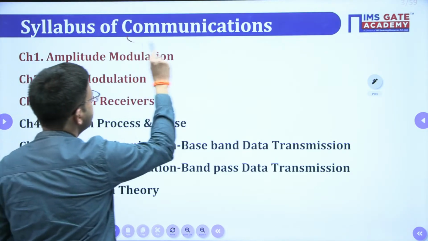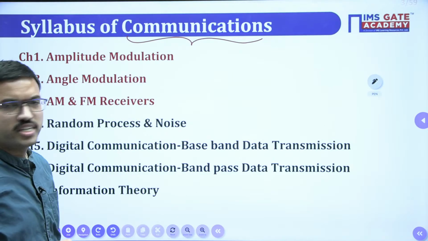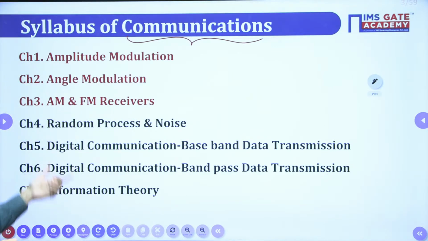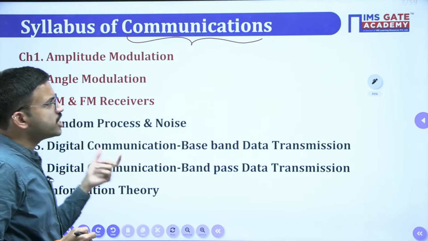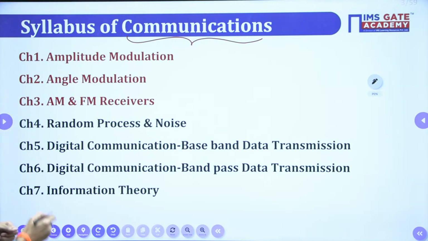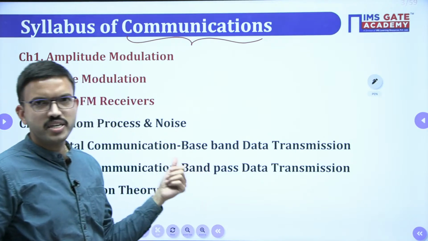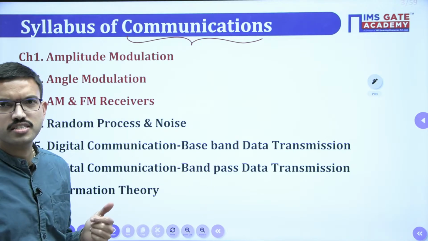This subject communication is common for 2 branches, EC and instrumentation. Here in total we are having 7 chapters. All the 7 chapters belong to the EC branch with respect to the GATE exam, except chapter 4 and chapter 7. The remaining chapters will be part of the GATE syllabus for the instrumentation branch regarding the communication system subject.